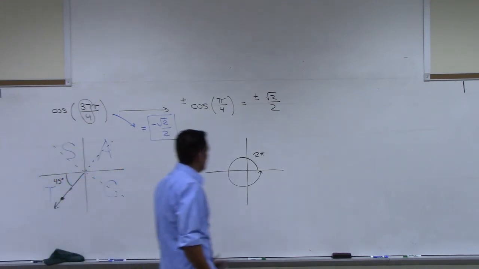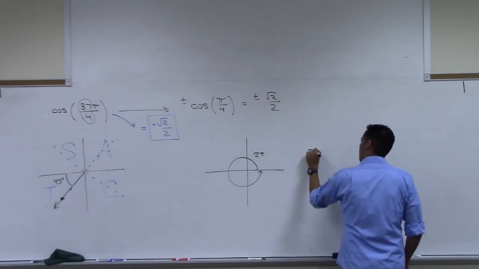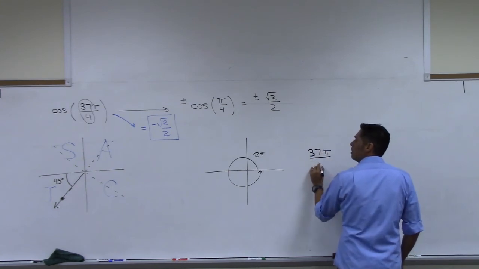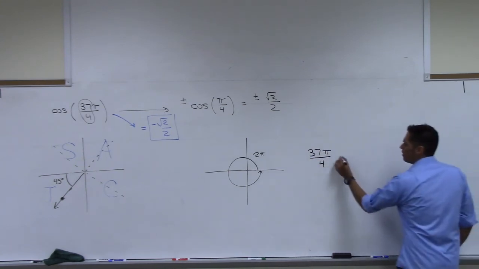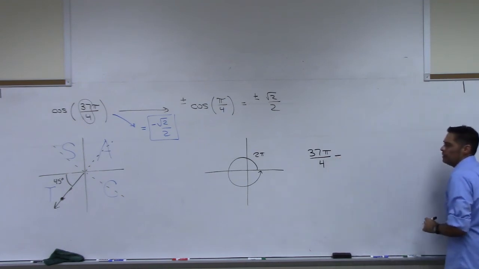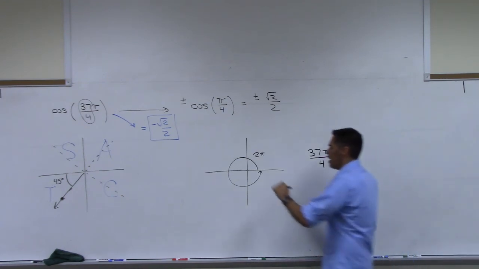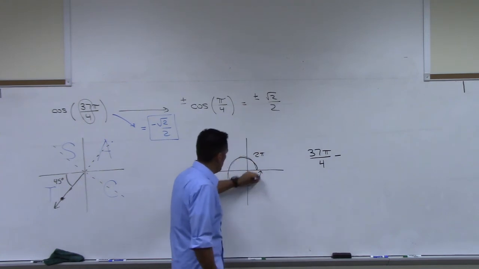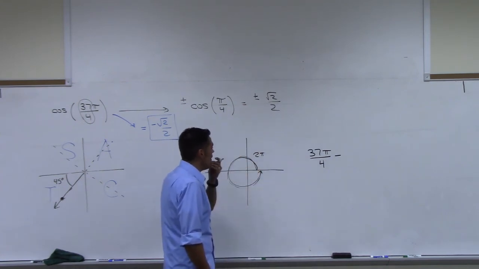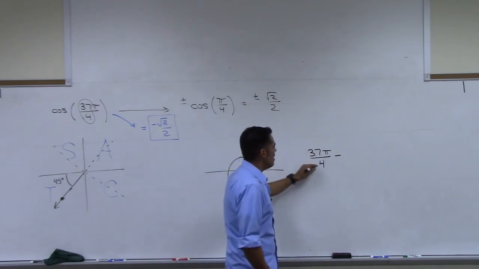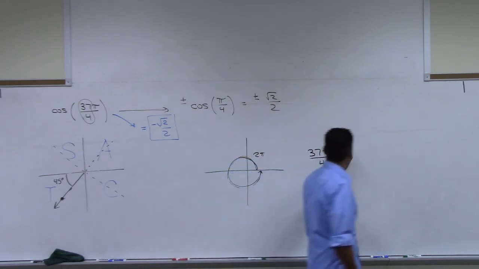So why don't I take 37 pi over 4, and why don't I just subtract from that? Each one of the full rotations was what? 8. Each one of these is 2, right? So I know that this number is about 9. So why don't I subtract 8 pi's?